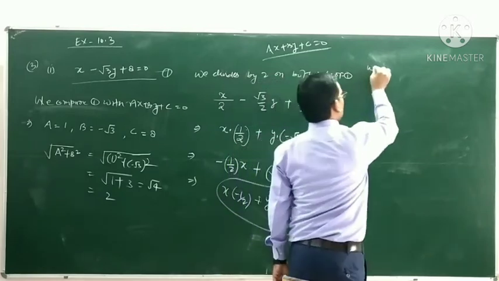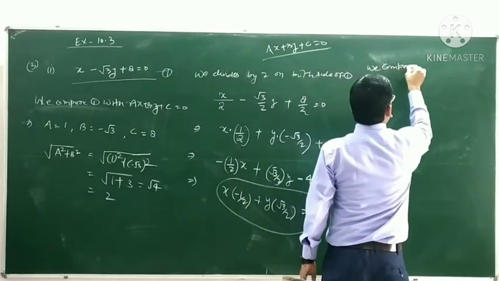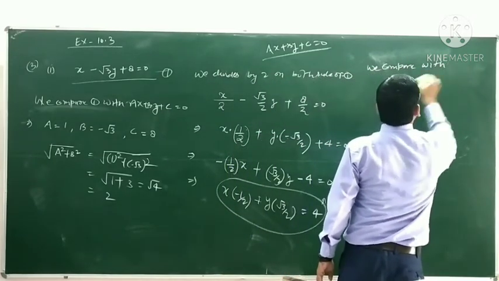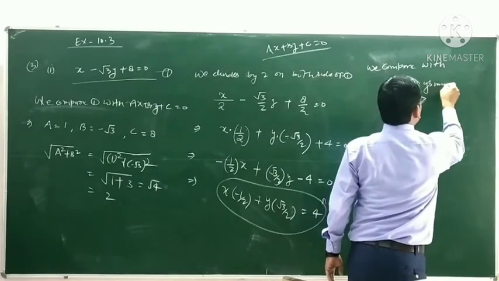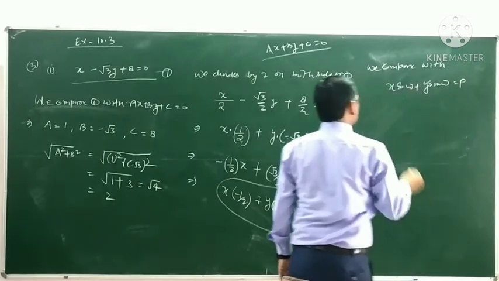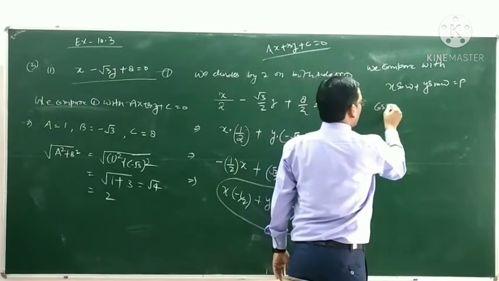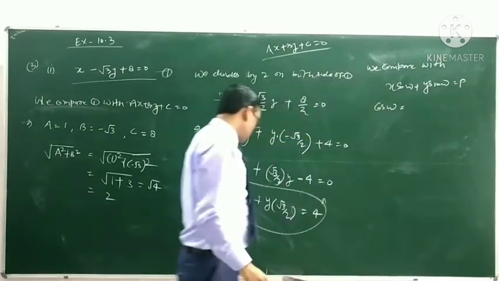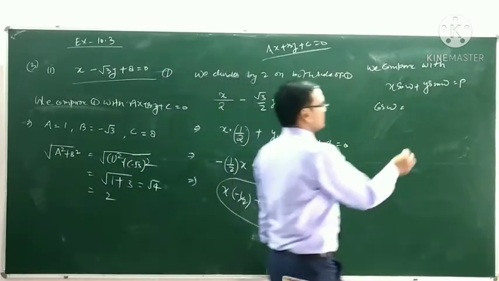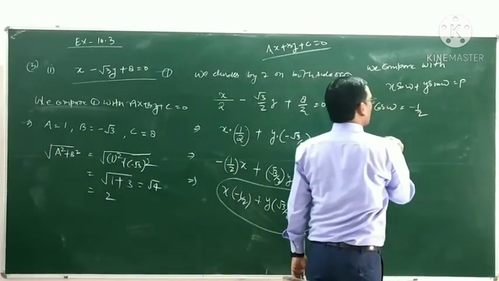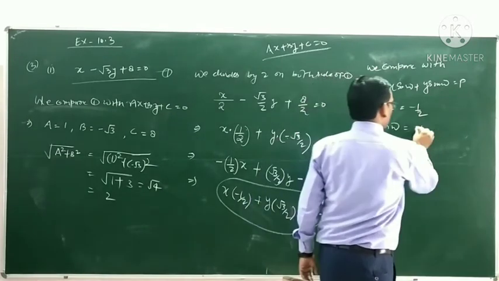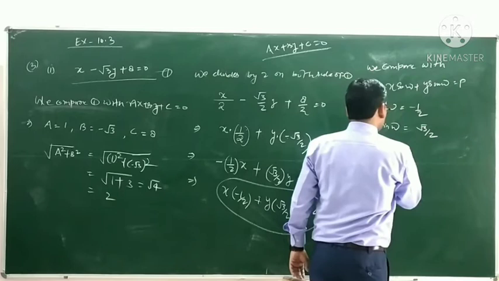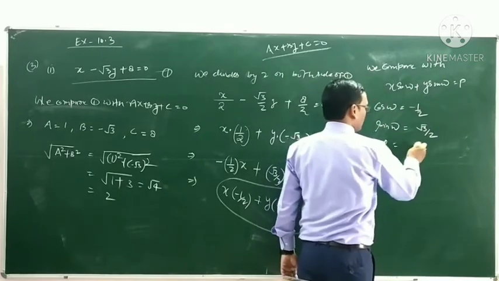We compare with x cos omega plus y sin omega equal to p. Then we find the value of cos omega equal to minus 1 by 2 and sin omega equal to square root 3 by 2 and p equal to 4.